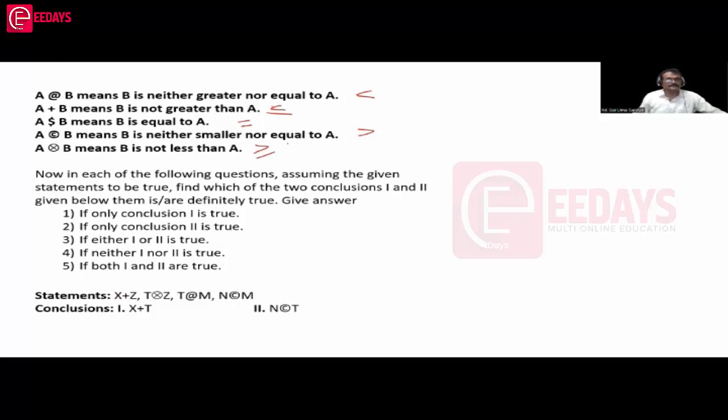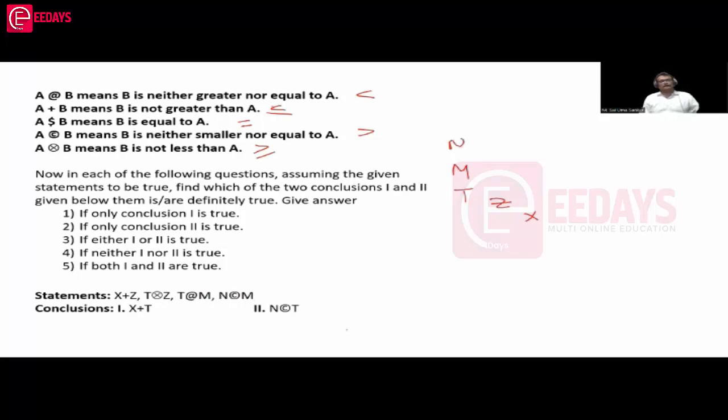X at the rate Z. X is less than or equal to Z. Next, T at the rate Z. T is greater than or equal to Z. Next, T at the rate M. T is less than M. Next, N at the rate M. N is greater than M.